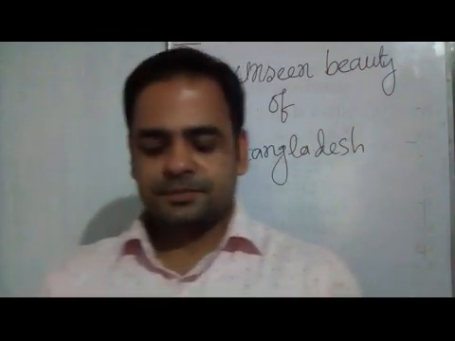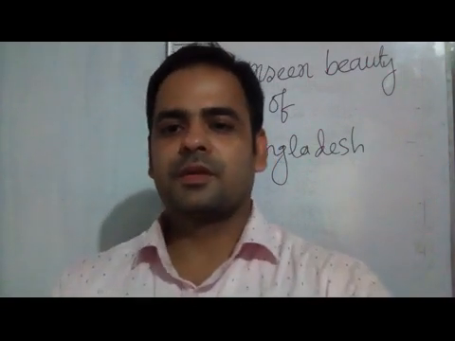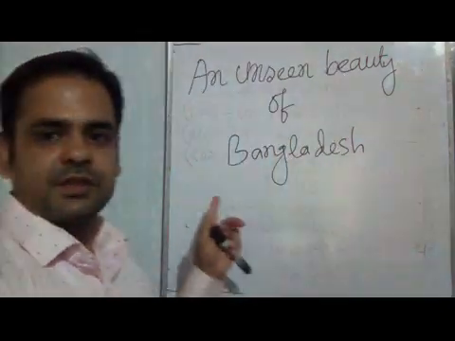Okay, dear learners, take your EFT and go to page number 42, lesson 13, and the headline: an unseen beauty of Bangladesh. We can see that here are three learning outcomes. What do you mean by learning outcome?